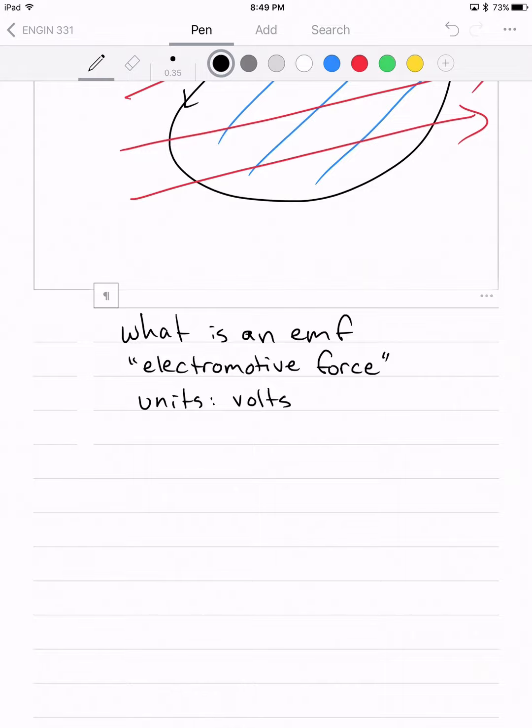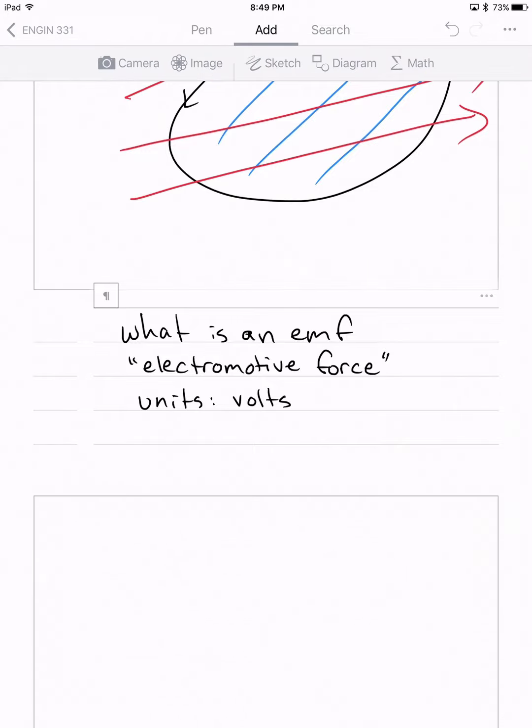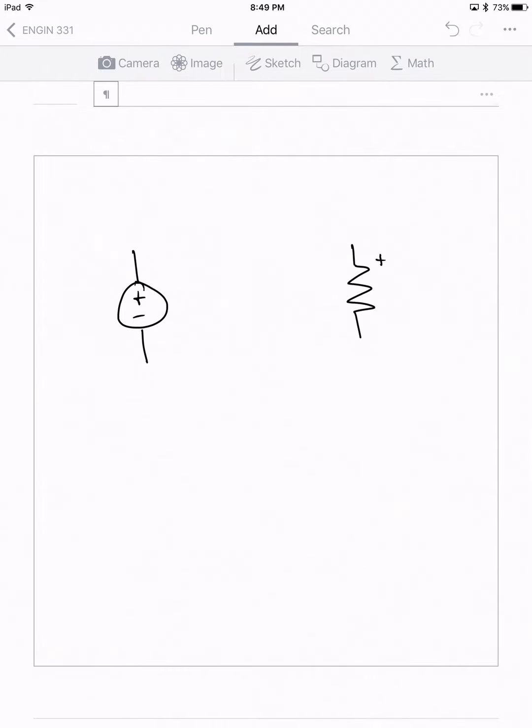The way to think about this is that voltage is a sort of general term that can describe things like this voltage source and the voltage drop across this resistor.